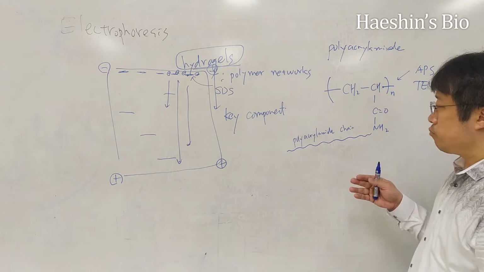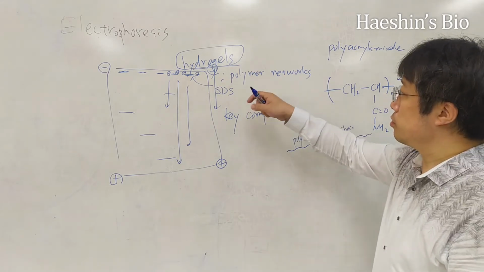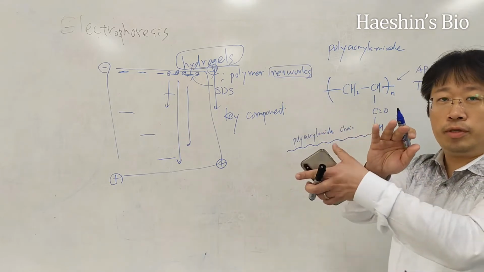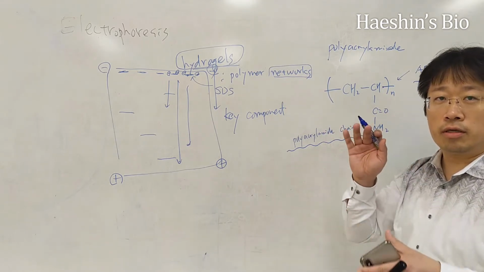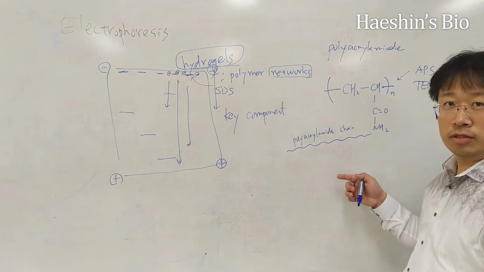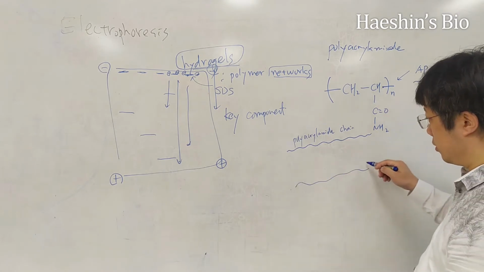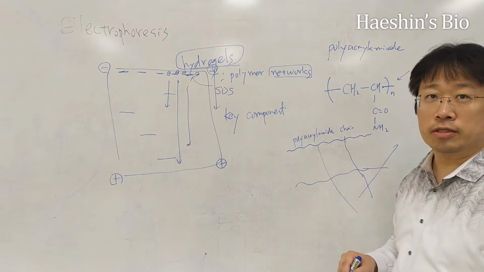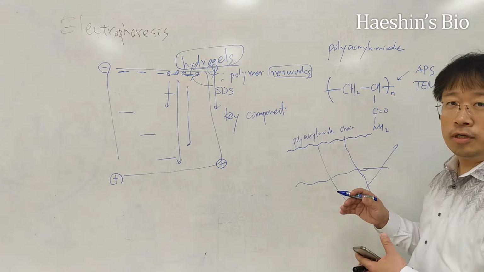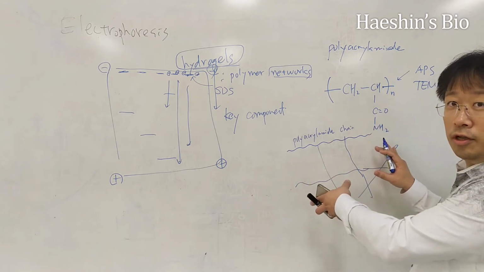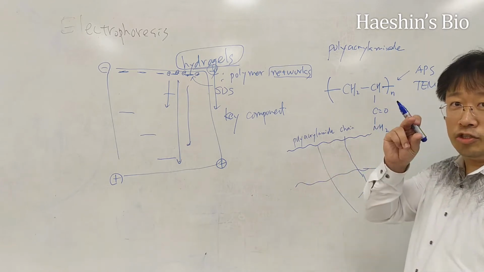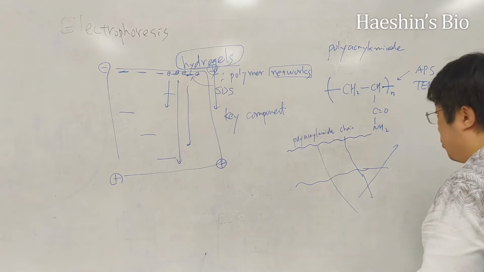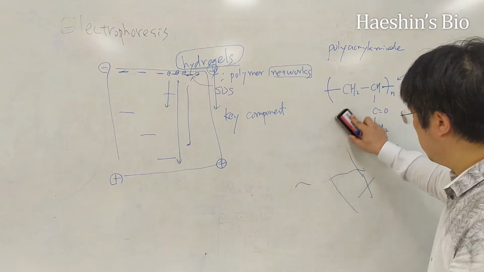To make hydrogels, which I said are networks, the chains have to be chemically cross-linked, with connections between these individual chains. That makes hydrogels in which a lot of water molecules are present, making very soft, jelly-like materials.